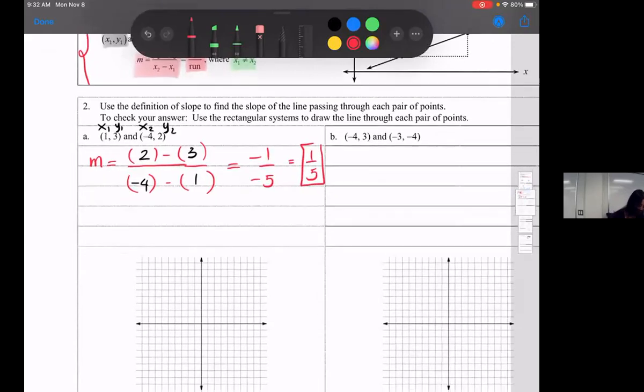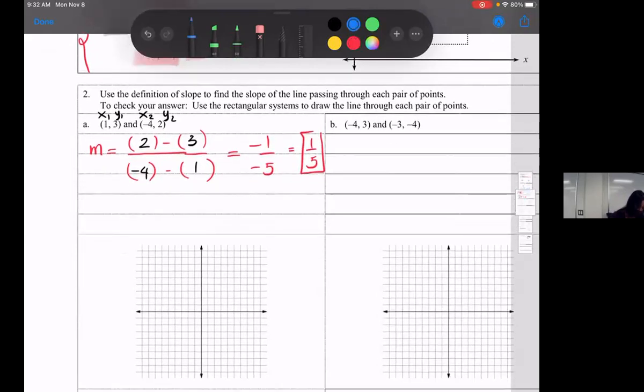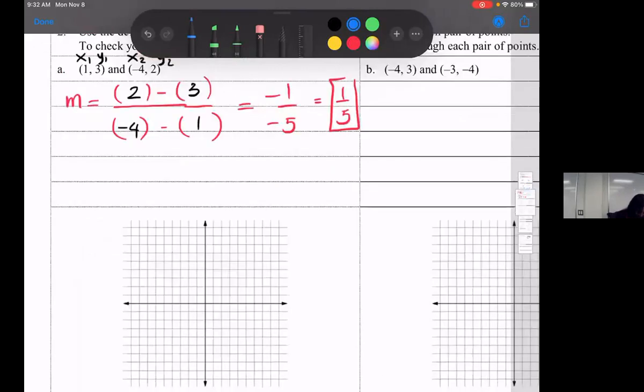Let's check with the slope picture. 1, 3. Where's 1, 3? Go right 1, go up 3, right here. That's 1, 3. And then -4, 2. Go left 4, and then go up 2 right here. I'm gonna check if the slope is indeed 1/5. Do you guys remember how you do it?